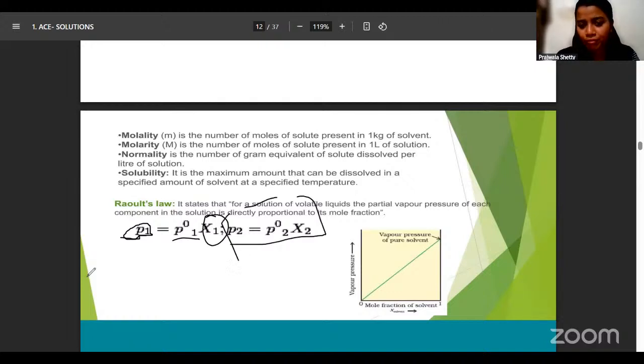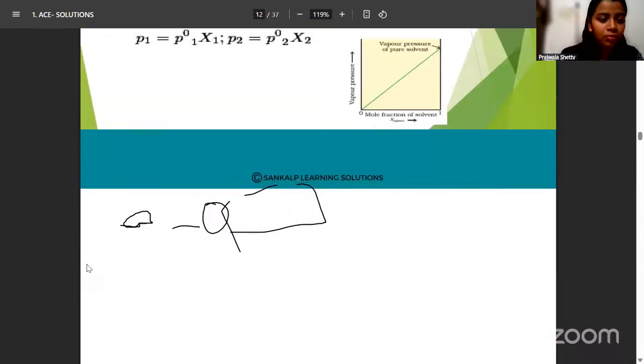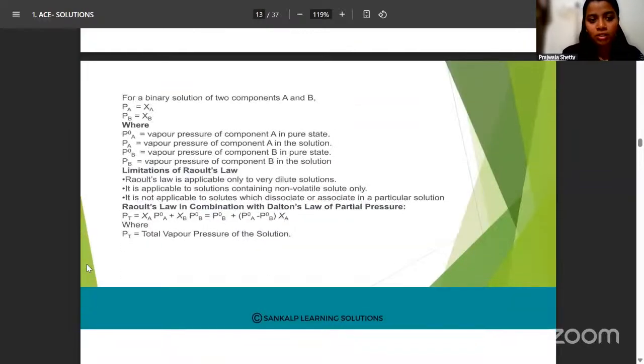Similarly for P2, X2. So Raoult's law is done at the basic level.